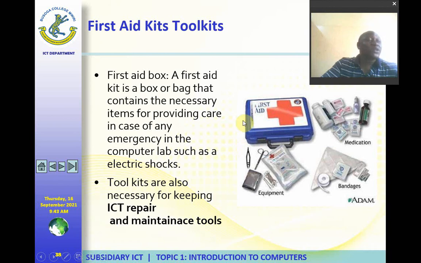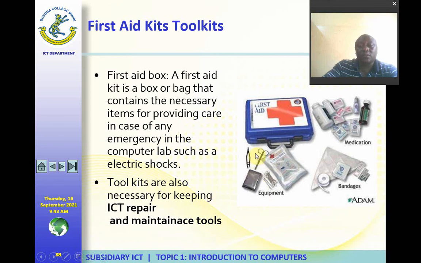The next thing that we're talking about is first aid kits. First aid kits are very necessary in the lab. A first aid kit is a box or a bag that contains the necessary items for providing care in case of any emergency in the computer lab, such as electric shocks.